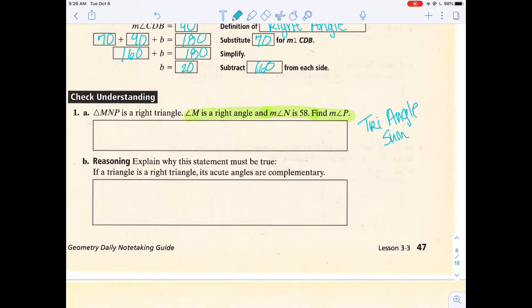You should be able to find P pretty easily. Then you're going to explain why this statement must be true. If a triangle is a right triangle, then its acute angles are complementary. Again, remember the triangle angle sum theorem. If one of the angles is a right angle, how do we know that its acute angles are complementary?